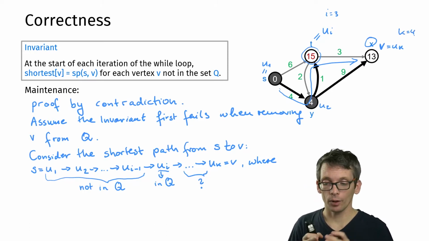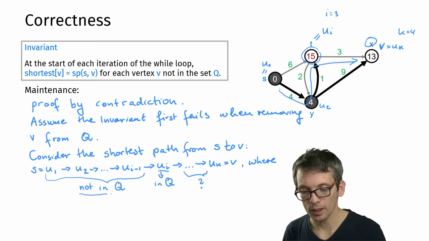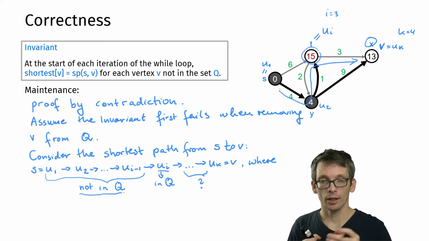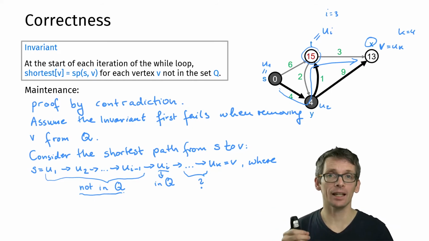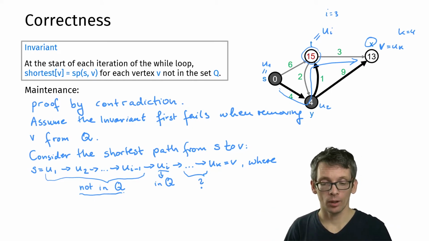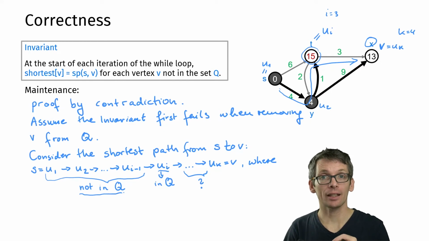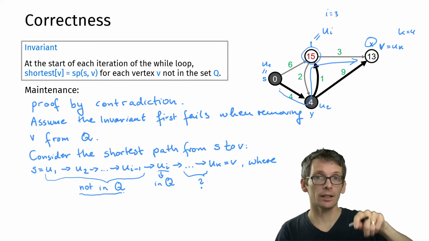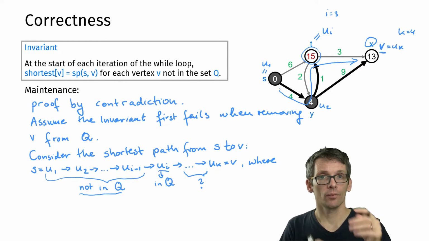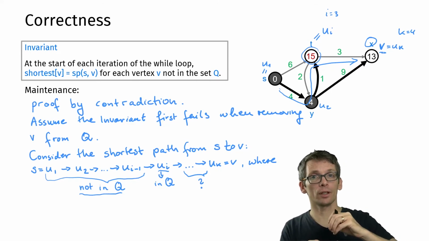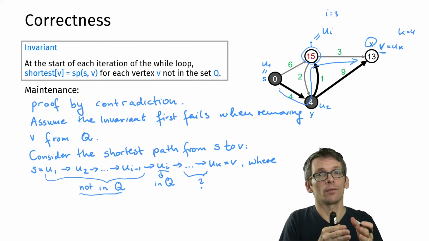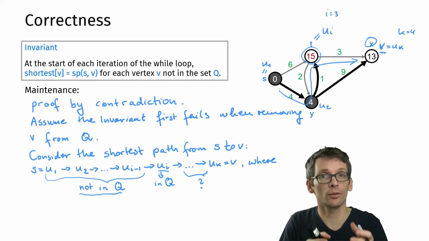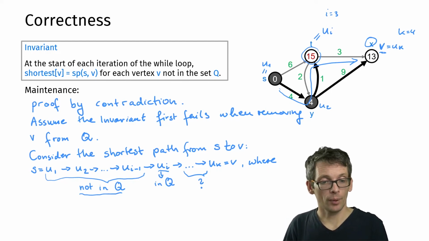And so first of all, there are always vertices that have been removed from Q because at least S is already removed. Also, there's always an element that is still in Q. In doubt, it is the element V because we do this just before removing V. So it could be that UI is indeed equal to UK, so equal to V. But in my example, they're different.